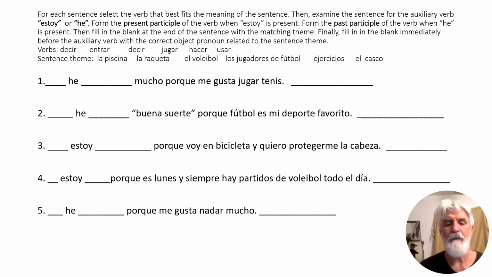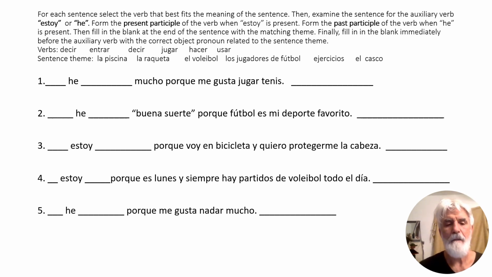If you have estoy from estar, then you're going to use the present participle and you're going to have the present progressive tense. And notice they will use either he as the auxiliary verb, I have, or estoy as the auxiliary verb, I am.